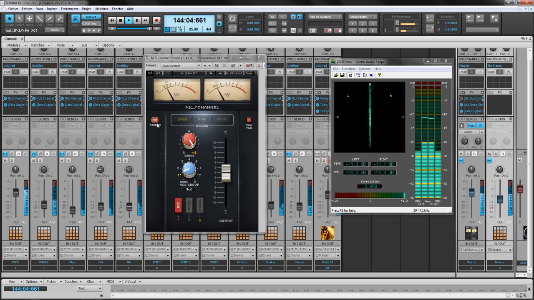I remember back in the days when we used to mix on the SSL, we knew that some channels were good for the kick, the snare, some channels were better for the piano, and some channels were better for this, that. And I was young, I didn't know what was going on, but I said, okay, let's do it like that. And now you really understand what's going on in here.